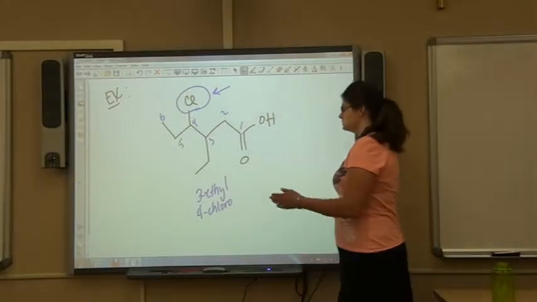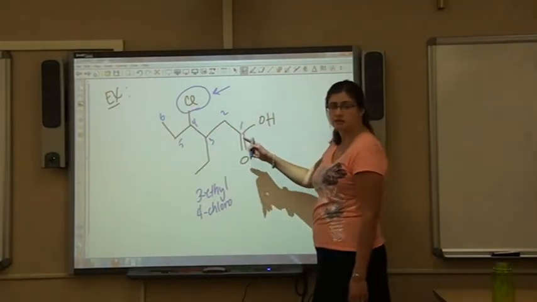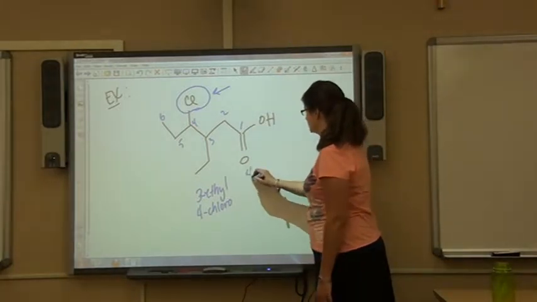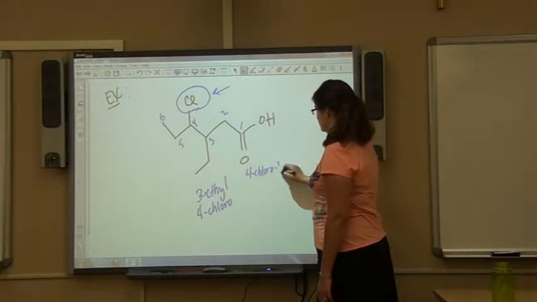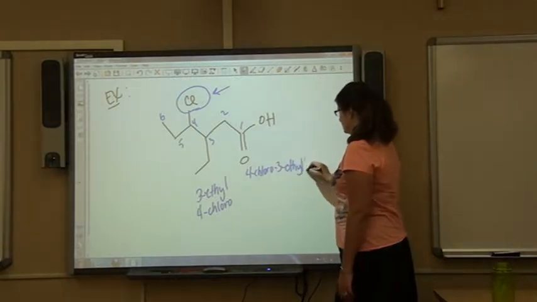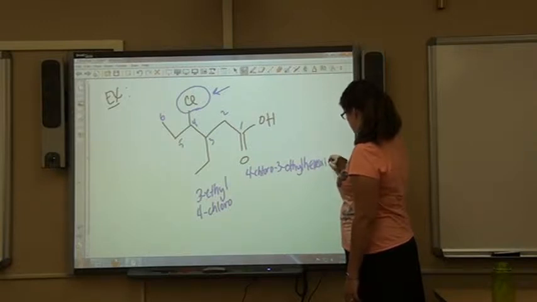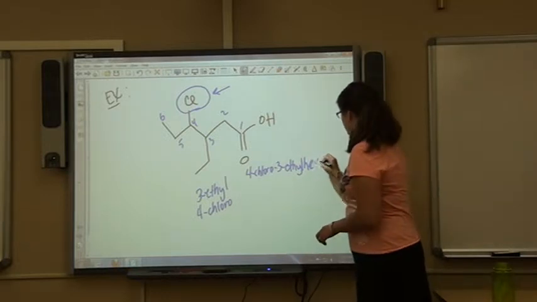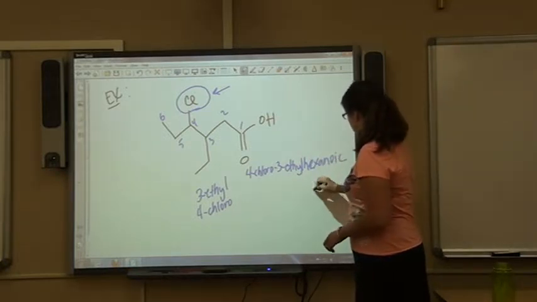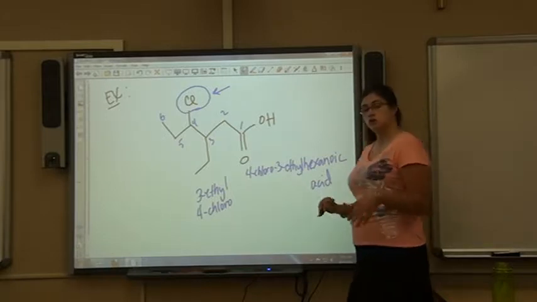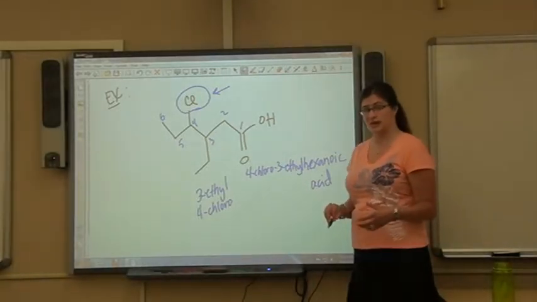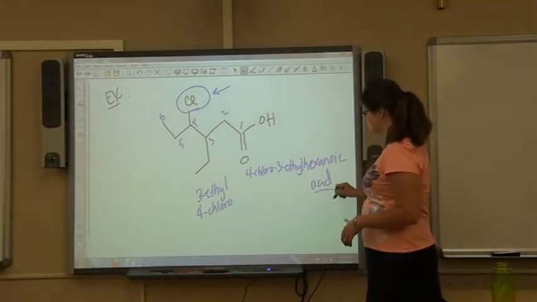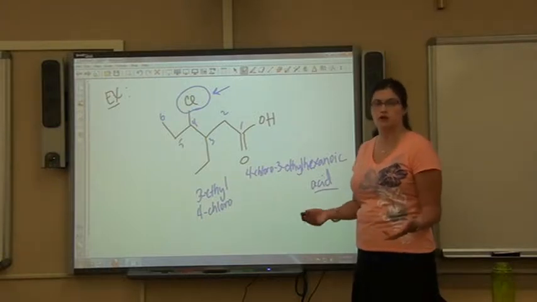Now if we put all these things together in alphabetical order and name this as our carboxylic acid, we should get as our final answer 4-chloro, 3-ethyl, hexanoic acid. And now just to note that these are 2 separate words here now. Acid is a separate word on its own, but still part of the name.